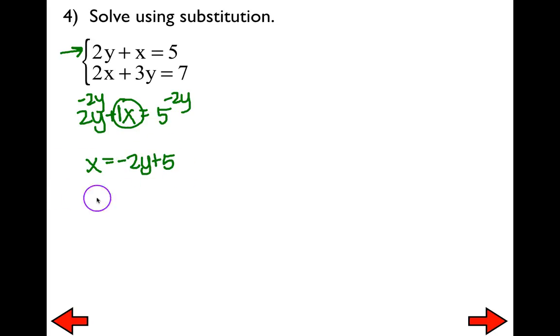So now that you have a variable that's already solved for, you can just simply plug it into the next one. So for this one, you're going to write 2x plus 3y equals 7. What we did in the previous day, we didn't have to have both variables solved for in each equation. All we did was make sure we had one. We took the expression and substituted it in.